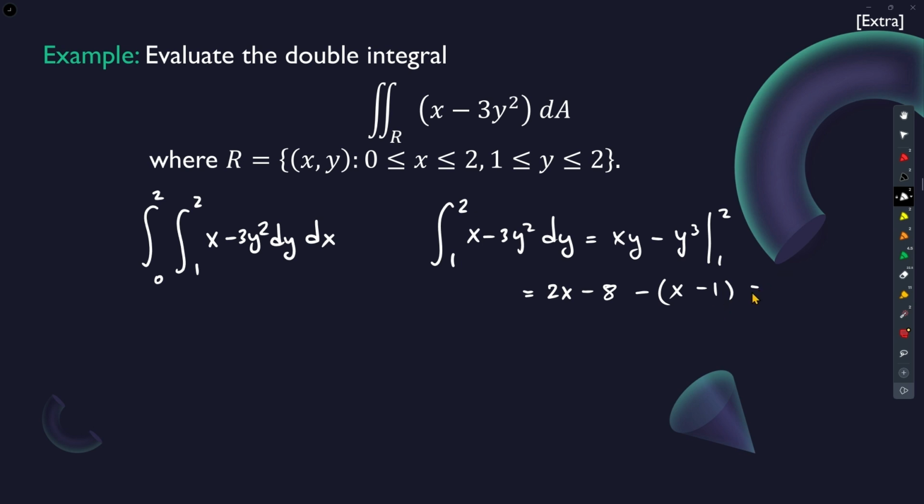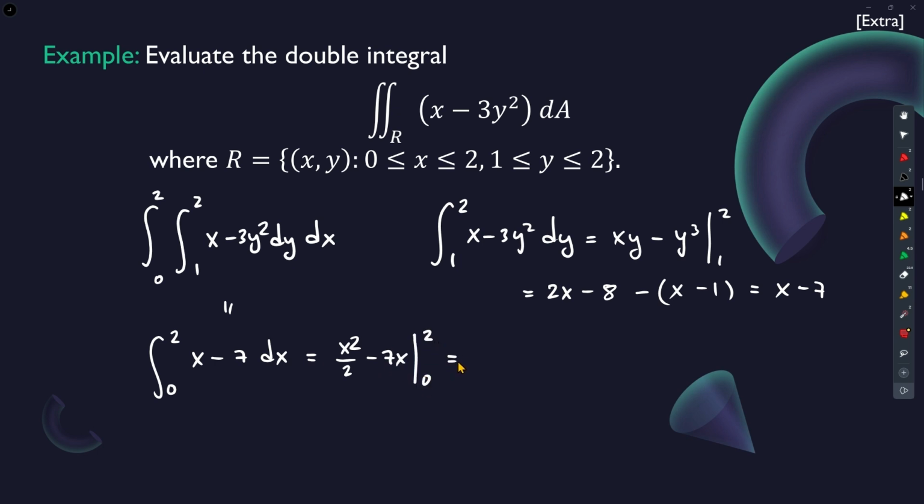So what I get in total is x minus 8 minus minus 1. So x minus 7 is the function on the inside. Now I integrate, so this will be the integral between 0 and 2 of x minus 7 dx, and that is x squared divided by 2 minus 7x between 0 and 2.